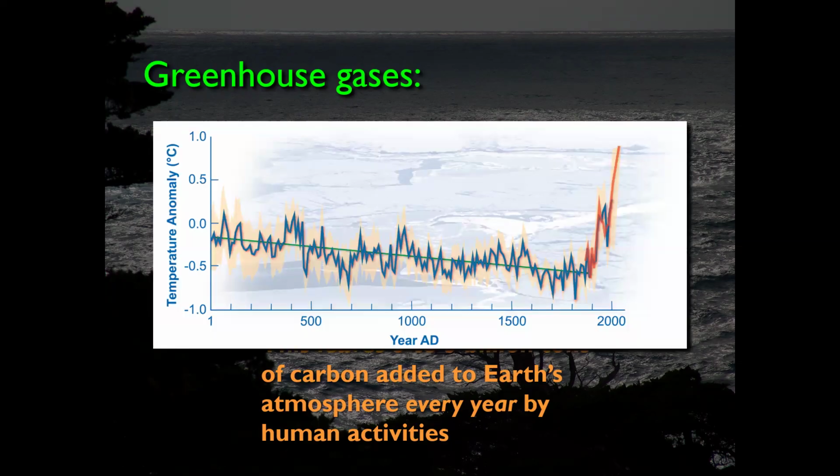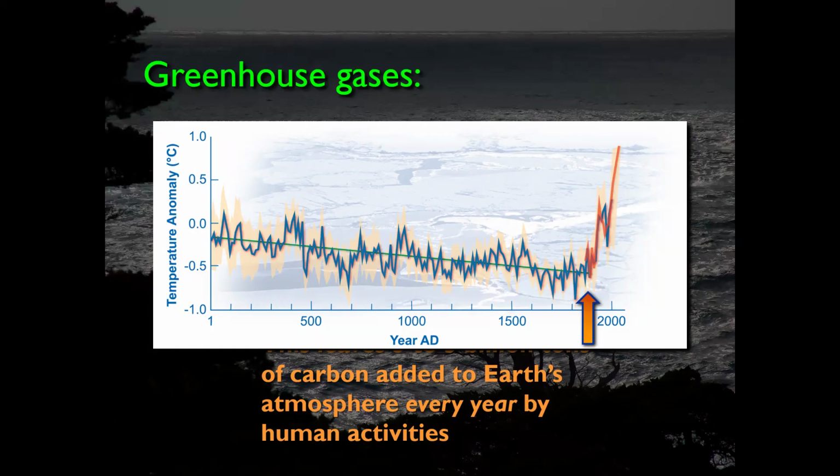And that's why we see graphs like this. And this is going from the year AD one. This isn't going back nearly far enough, or like the 800,000 year graphs I showed earlier, but it's still showing that there's this spike right there where we see an increase in global temperature.